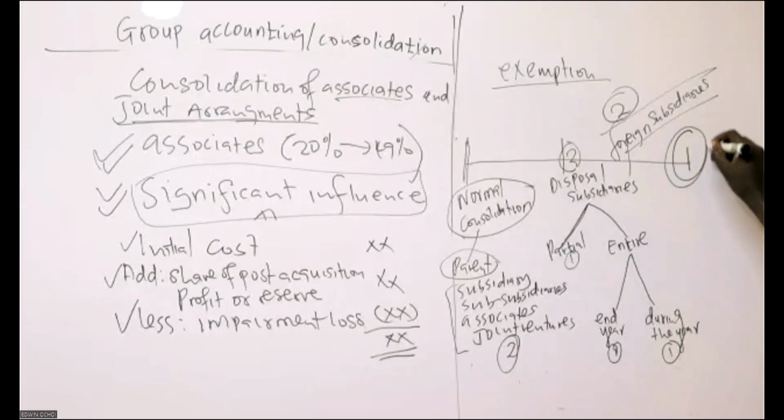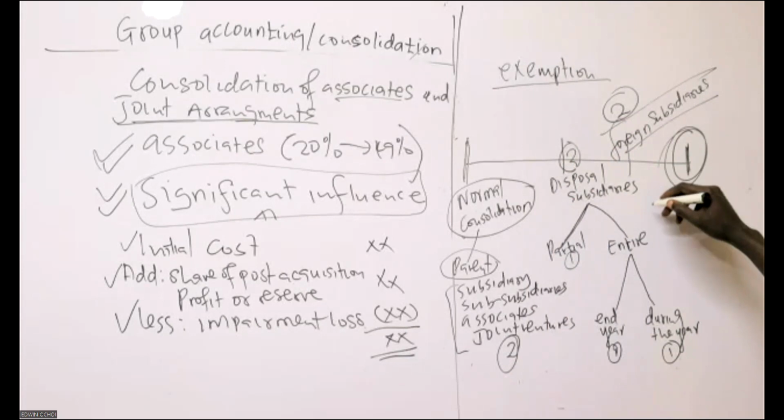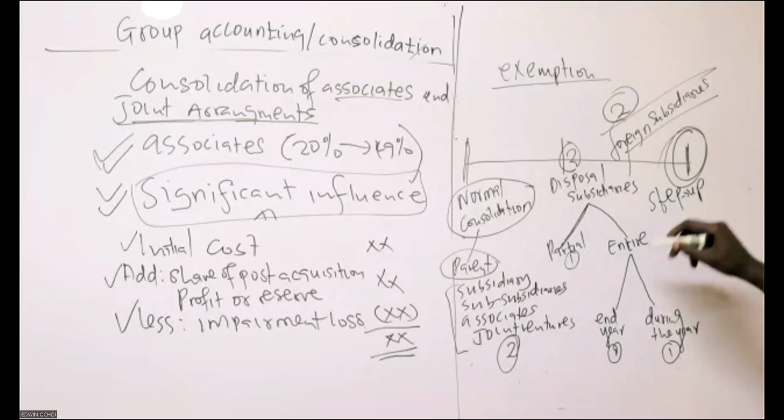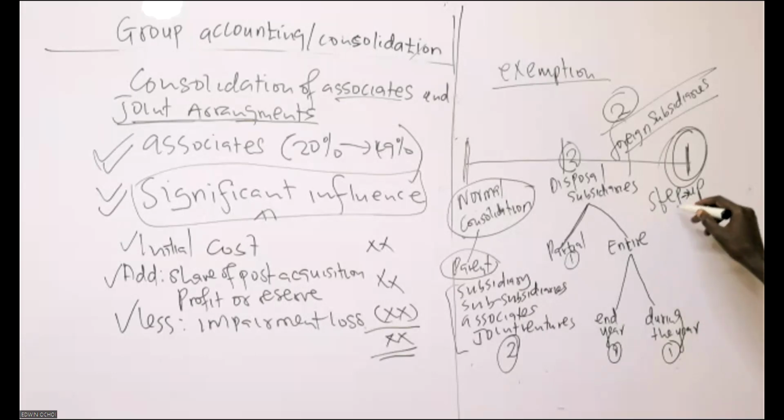And we have to do a final question, which is a last year question, whereby they call it step-up acquisition. I think there's a question whereby initially, the percentage of acquisition was like 40.